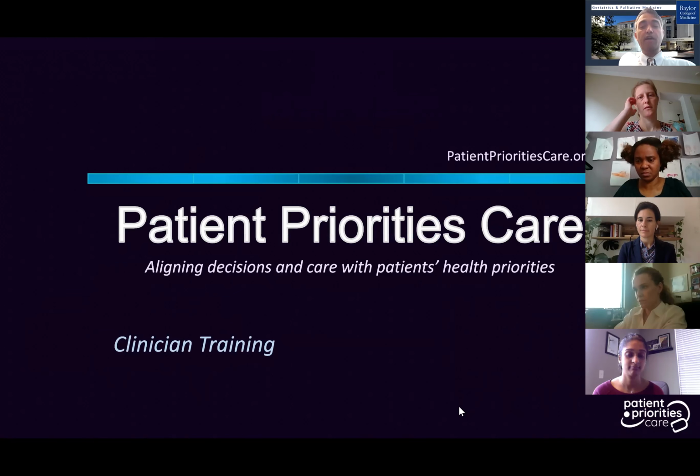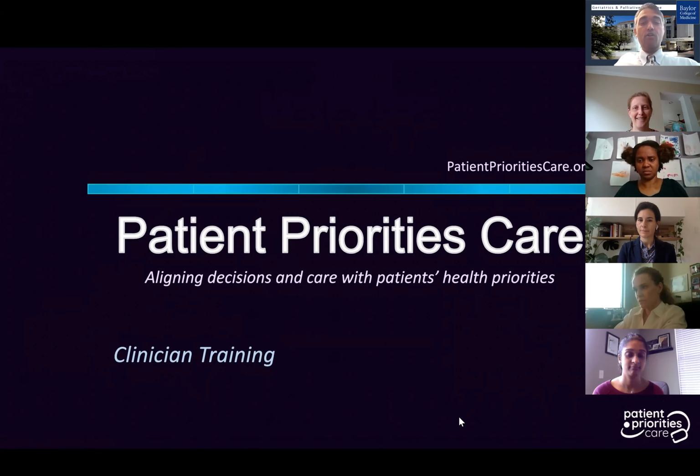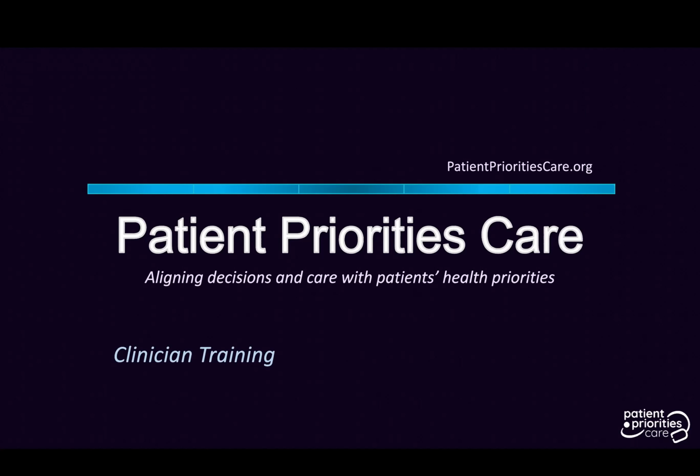Then we'll discuss how to address common challenges you might face and explain how to be successful in implementing patient priorities care. We have made some portions of this interactive to get you the most out of this training, and it will help you with your own decision-making when prompted. There's a lot here, chock full of information, and you can use it as a reference that you can go back to in the future.